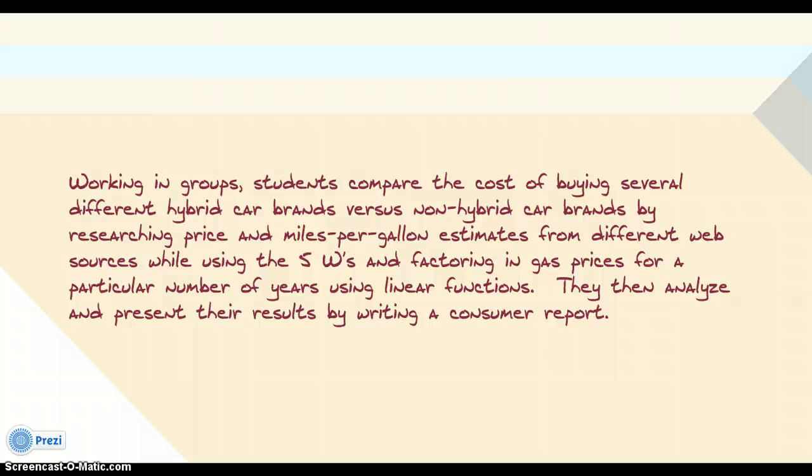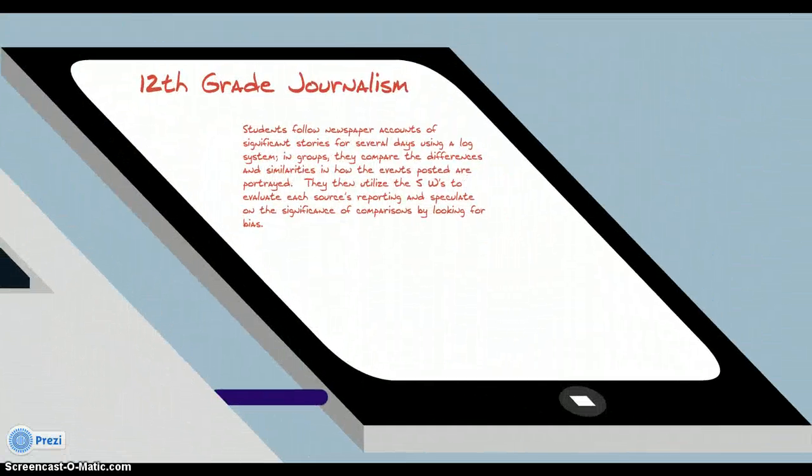And they would use their math skills, their algebra skills, to then analyze and present their findings. And they could actually do this through something like a consumer report, which is practically something that they would possibly read as a consumer when they are an adult thinking of buying a hybrid or a non-hybrid car. So not only is it something that would go along with the content area of math, but it's also very replicable to a real-life situation.